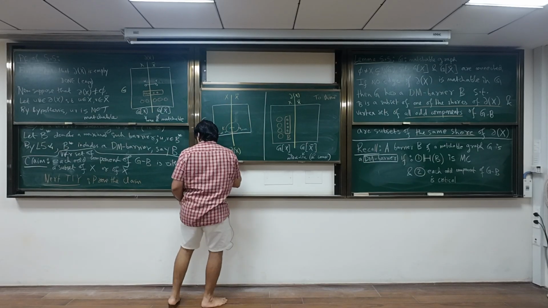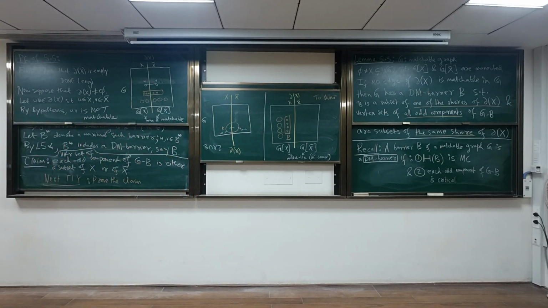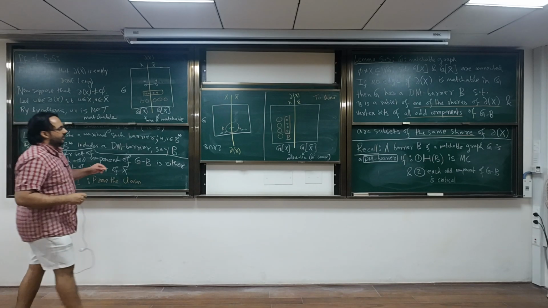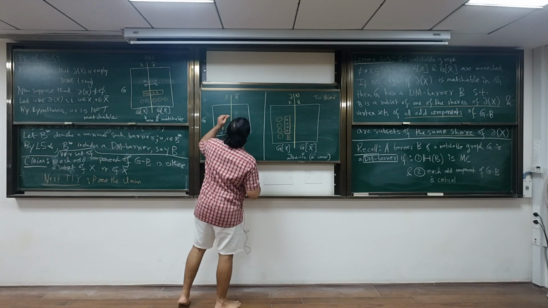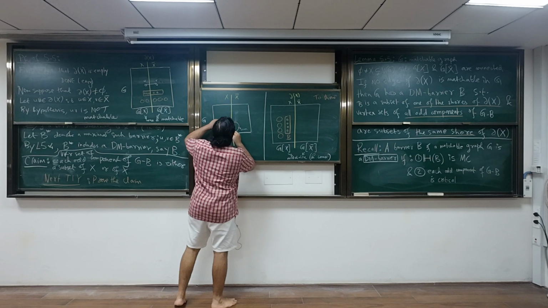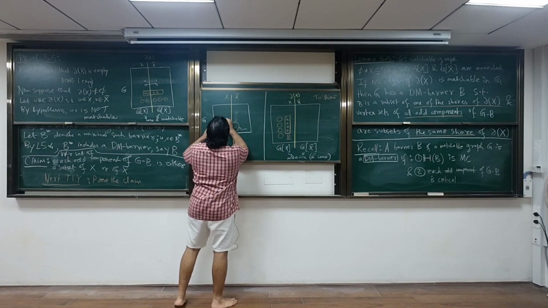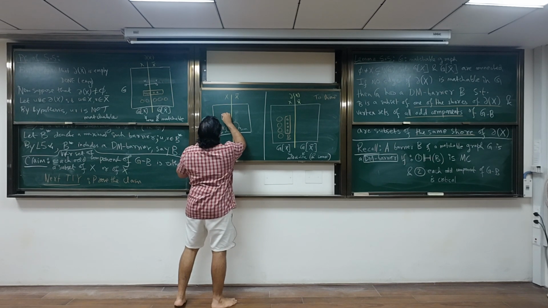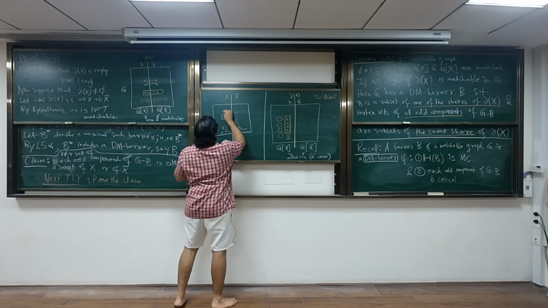So basically the point I'm making is that B intersection X is actually non-empty. So this is my B intersection X. I don't know how much is in X bar. That part is not clear.